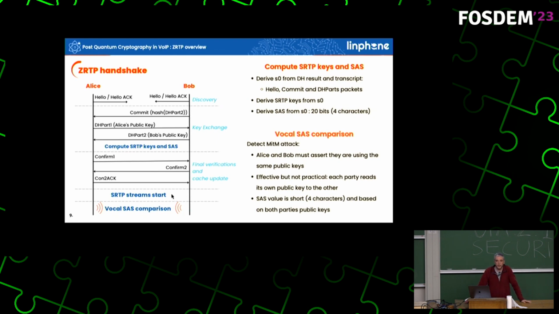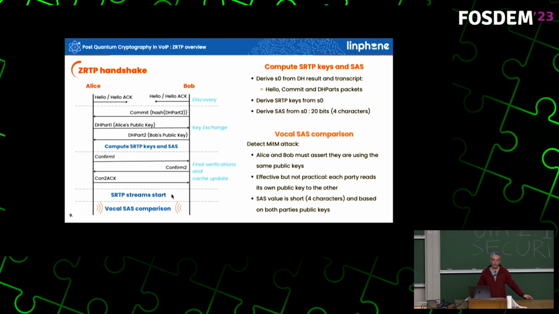What is it for? This SAS comparison is there if they want to detect man-in-the-middle attacks. They have to ensure that Alice is using the keys that Bob has sent, and also Bob wants to know that the key sent by Alice is the one he actually got. As they are talking, they could read their own keys to the other.